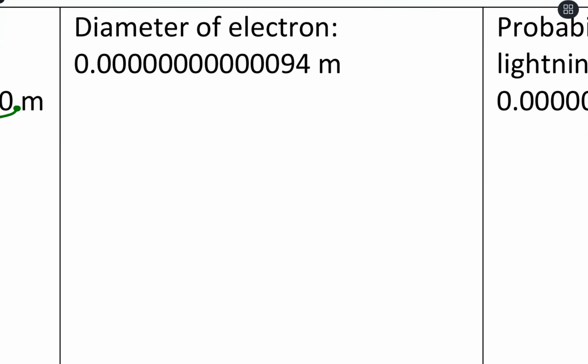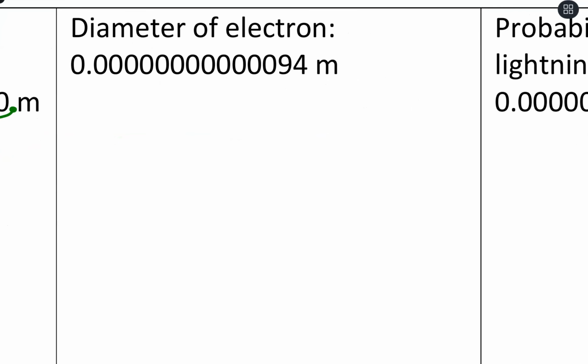Okay, next one with the diameter of an electron. So I'm looking at where I have this 9 and 4. I just need to think about placement of my decimal, and I would want to put it right here so that I'm working with the number 9.4. And then we're going to go times, and then I need to figure out how do I move from where I have my decimal with 9.4 to where I need to be.